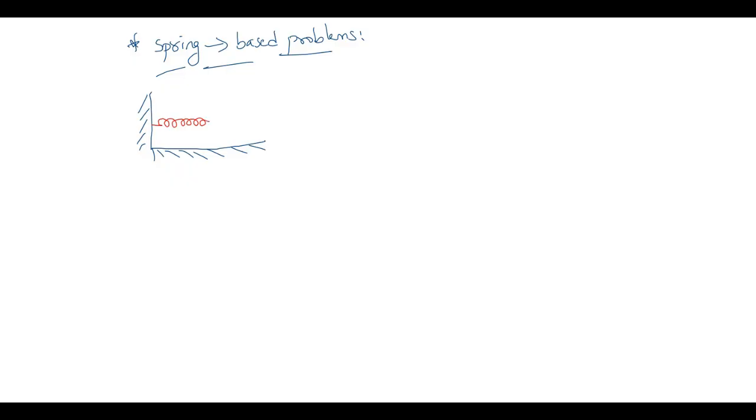Now this spring is attached to a block of mass M and this block is at rest. When this block is at rest, there is no force, the distance is 0, means this is at rest position. Then this will become origin. Okay, this point will become origin S.